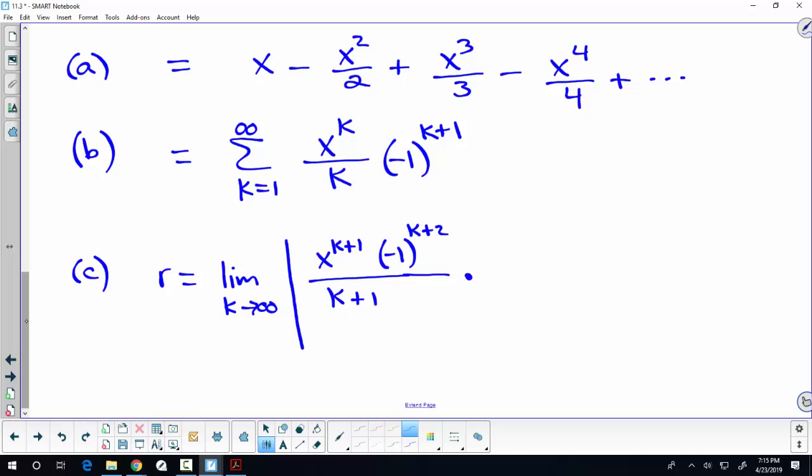So there's a sub k plus 1. We're dividing that by a sub k, which means we're multiplying by its reciprocal. Since we're taking the absolute value, all of this alternation, -1 to the k plus 2, -1 to the k plus 1, that all just goes away.